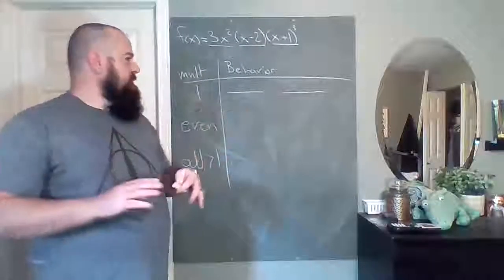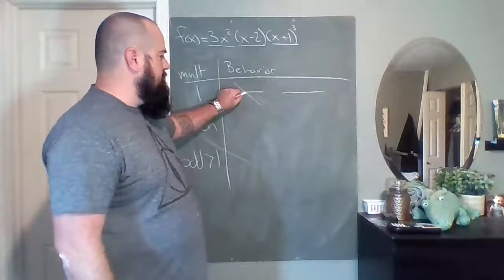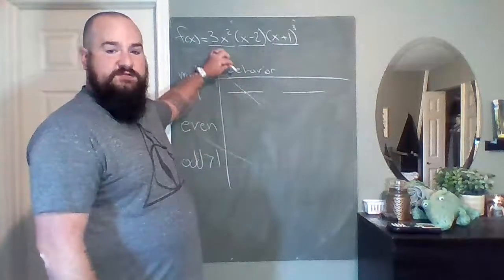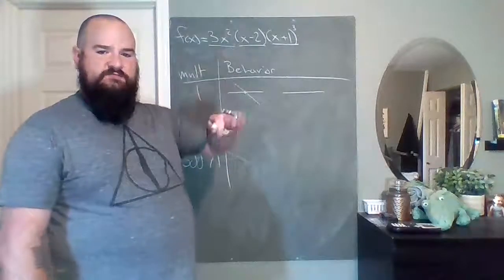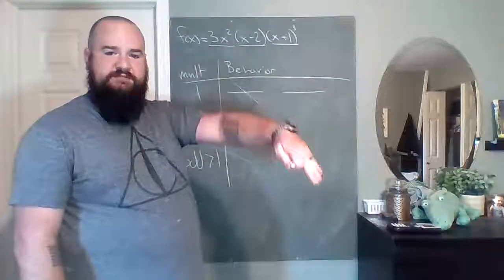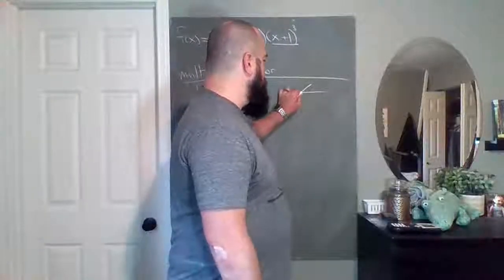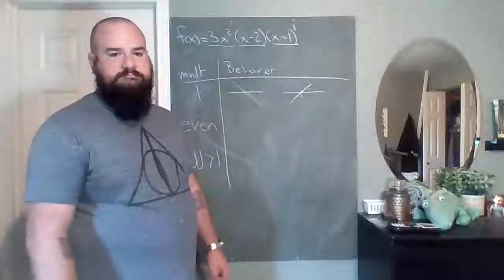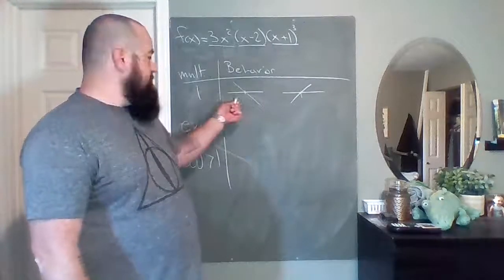If our function is coming from above, at that root it is going to pass through in a linear fashion. In other words, the function isn't going to flatten or bounce off or do anything crazy. It's just going to continue on its path and go right through. Now, if we're coming from below, then obviously we would do that. So if the multiplicity of our root is 1, this is how we're going to graph it.